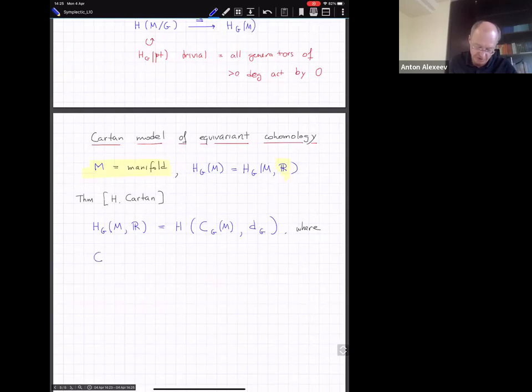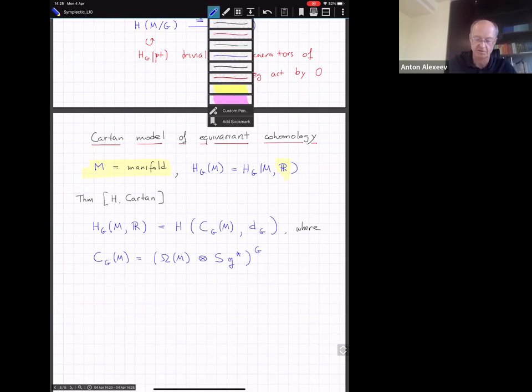This C_G of M consists of differential forms on M, tensor multiplied by what is called the symmetric algebra of the dual space to the Lie algebra, and we take G invariants under the diagonal action.